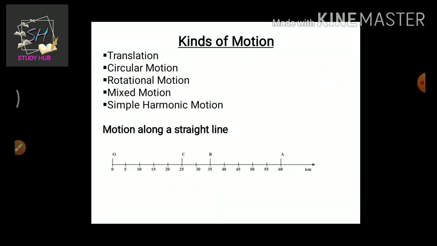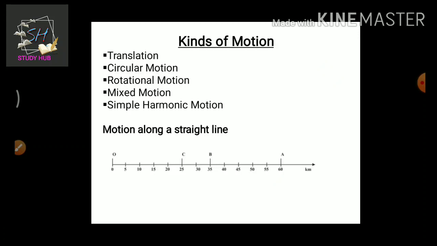Here there are kinds of motion. That means how many types of motion are there? There are simply 5 types of motion. The first one is translation, which means translatory motion, that is, motion along a straight line. You have heard the term rectilinear propagation of sound or rectilinear propagation of light.